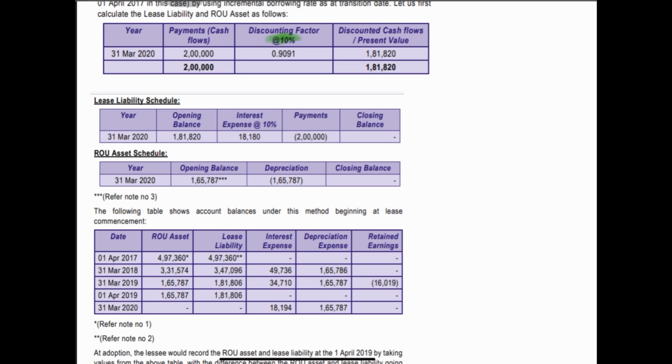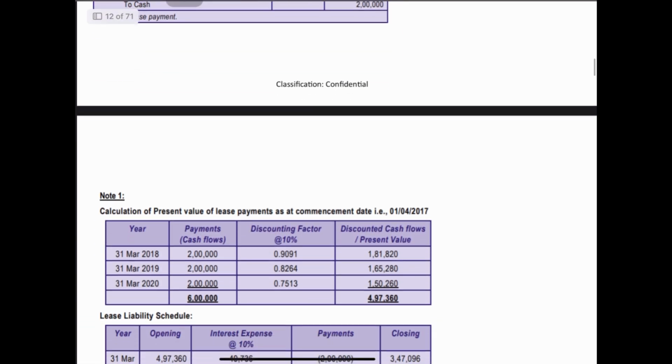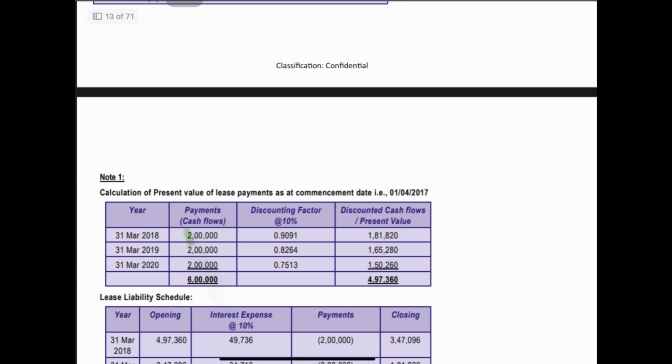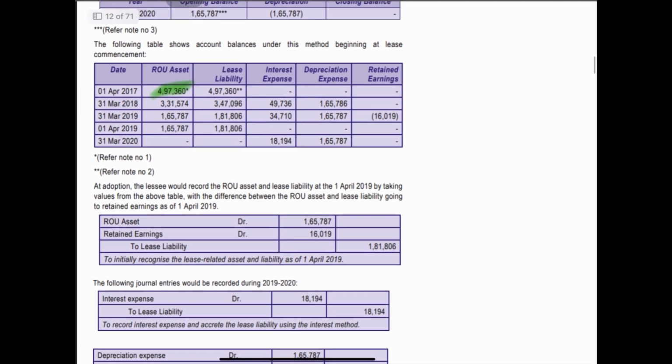If you do at 10%, you will get 497,360 as your ROU asset. Here is the working: you have 200,000 every year, discounted at 10%, so you get these values, and altogether you get 497,360. So 497,360 should be your ROU asset and liability.